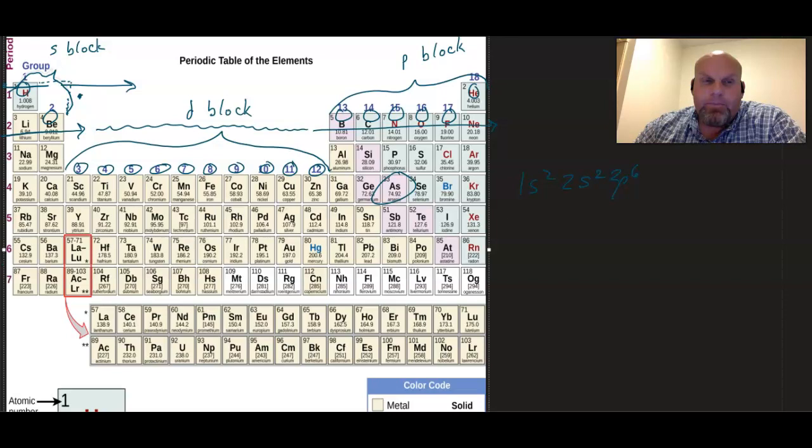Down to 3, 3s2. Again, nothing in between here, so I don't write anything until I get to, I'm still in the 3rd period, and now I'm in the P block again, 3p6 to get through there. Okay, down to 4th period, 4p2 gets me to right here.